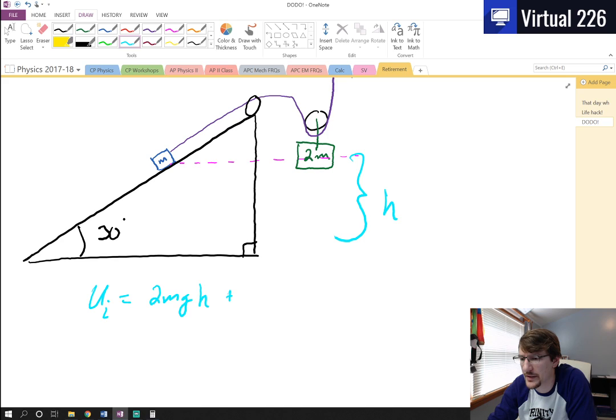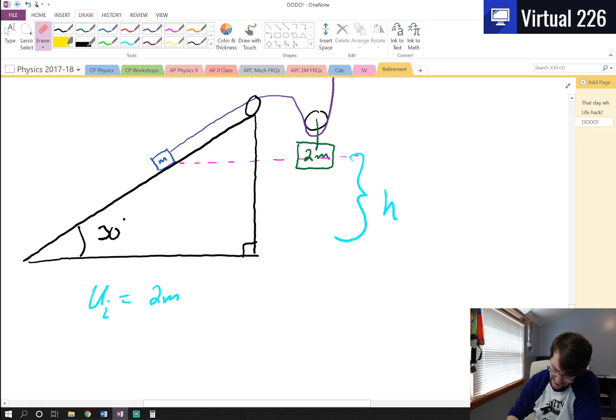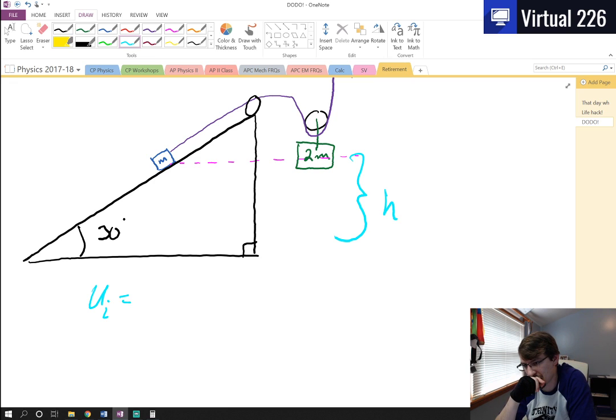Do we know how high up m is? You know what? It won't matter. I'm gonna do something dastardly. I am going to set, so we don't know where that mass is.